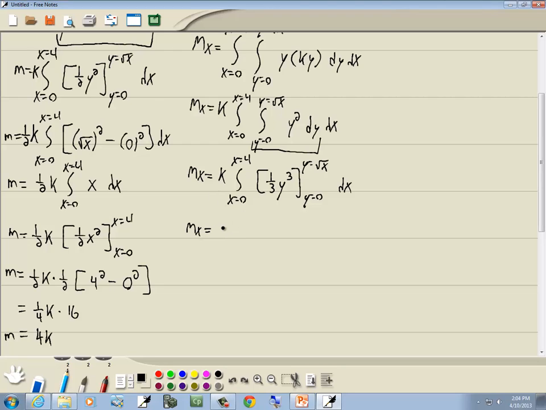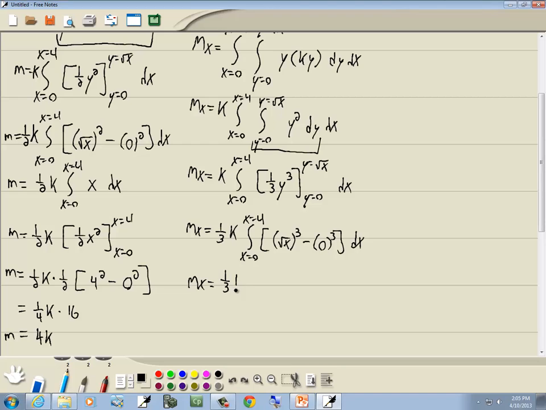The 1/3 I can put out in front with the k, so we got 1/3 k. And x is equal to 0 to x is equal to 4. And we're left with y to the third, so we'll plug the square root of x in for y. So we got square root of x to the third power minus, and we'll plug 0 in for y. So we got 0 to the third dx.